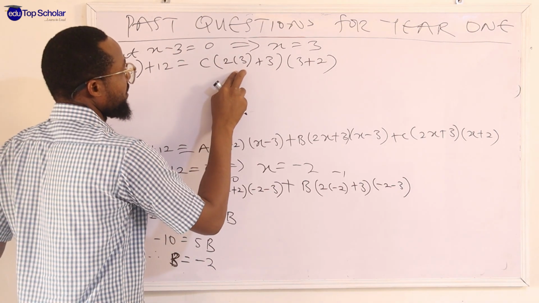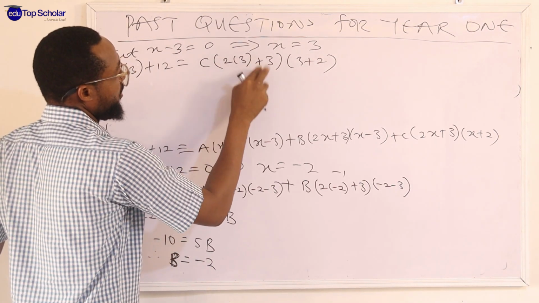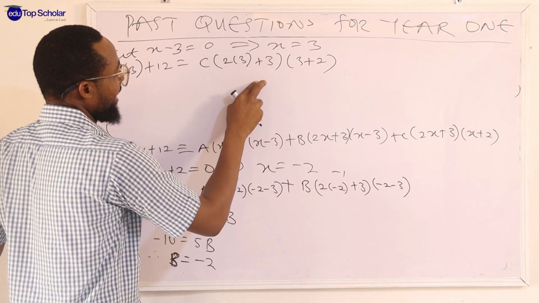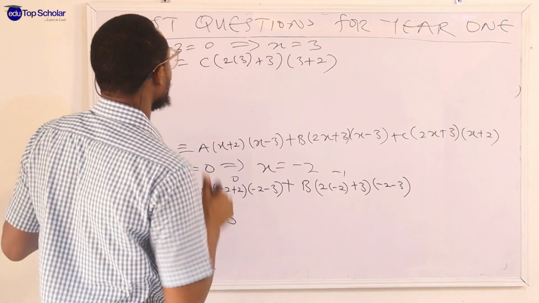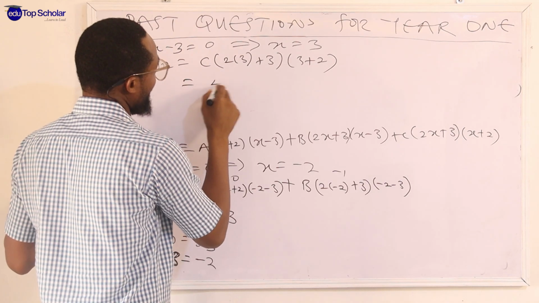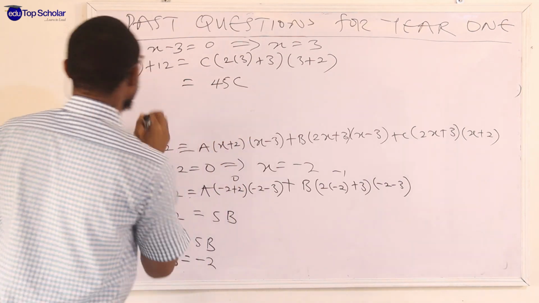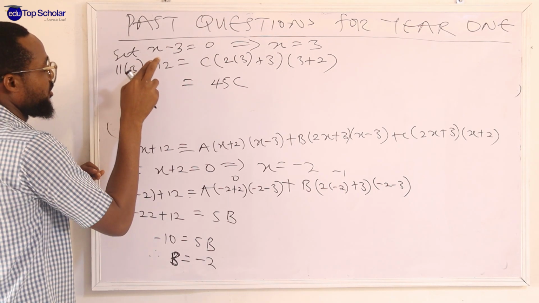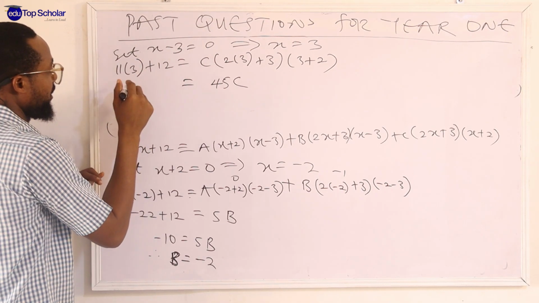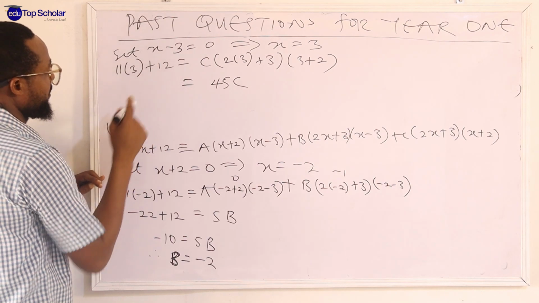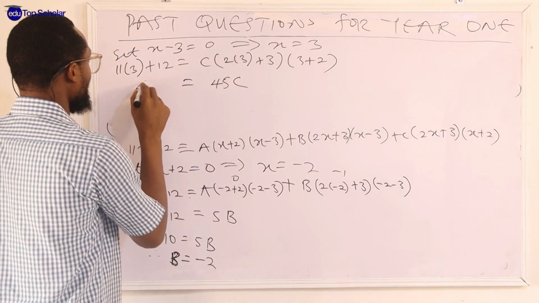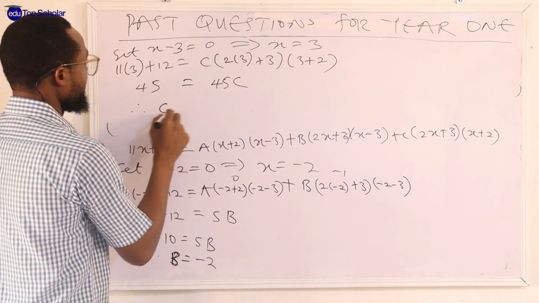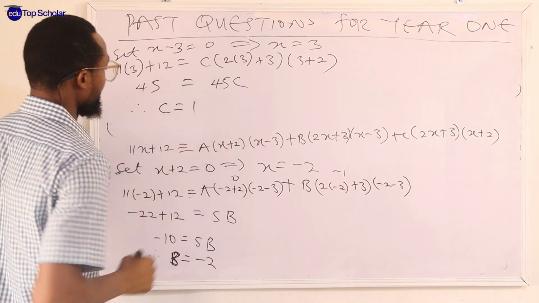This one is 6, 6 plus 3, that's 9. 9 times 5 will be 45. So this will be 45c equals, this is 33 plus 12, 33, 3 plus 2, that's 5. This is also 45. Therefore, C is equal to 1.